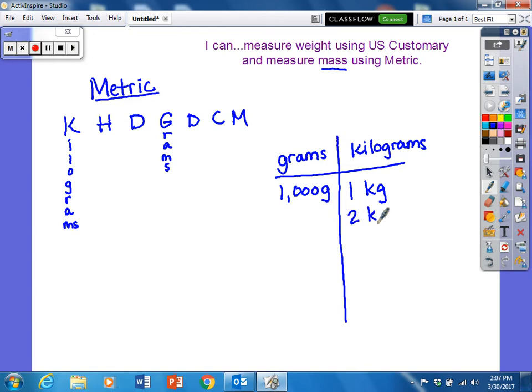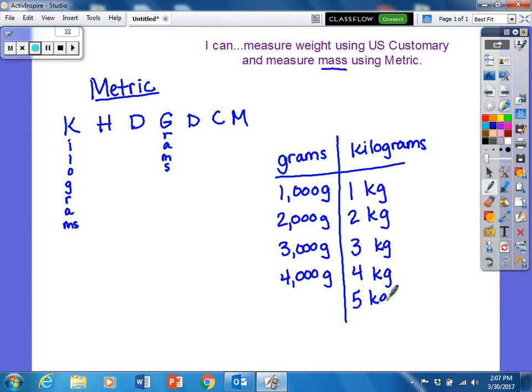So 2 kilograms would be 2,000 grams. And 3 kilograms would be 3,000 grams. 4 kilograms, 4,000 grams. 5 kilograms, 5,000 grams.